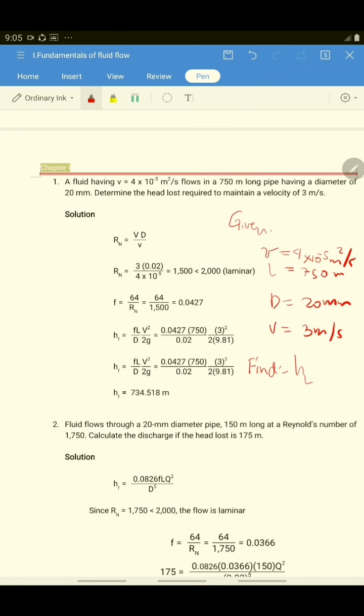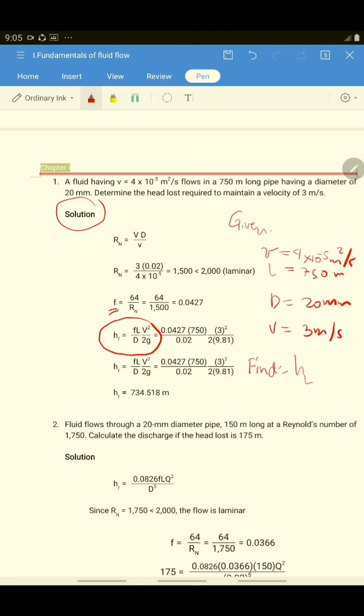Okay, the head loss. So here, this is the solution. So we know that the formula of the head loss is this one, f L v squared over D 2g. And we need to have a value of f.